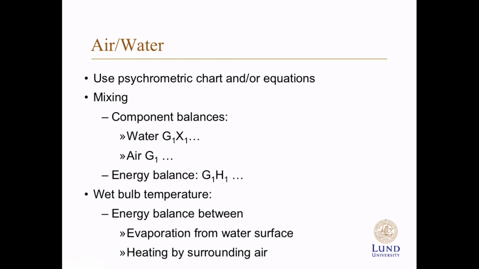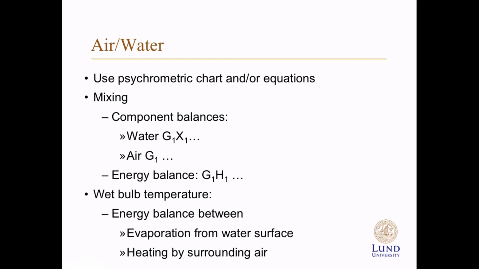Energy balance is similar to the water balance. You just take G1 times H1 plus and so on. So G1 is again kilogram of dry air per time unit, and the enthalpy is in kilojoule per kilogram of dry air. The wet bulb temperature is an energy balance between evaporation from water surface and heating by surrounding air.